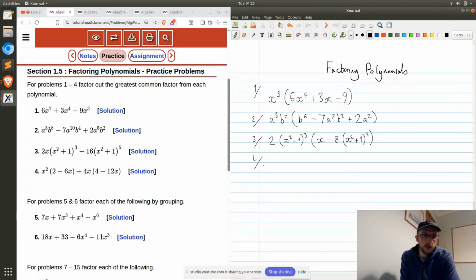And here, we could take out a 2 from there, and that'll be an 8x. And so we can factor out x 2 minus 6x.